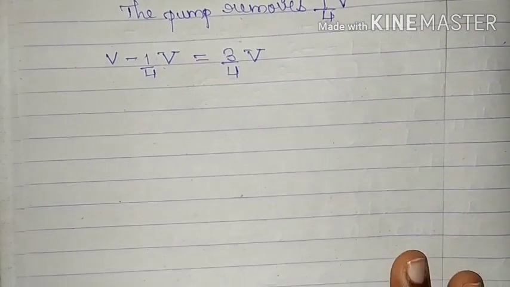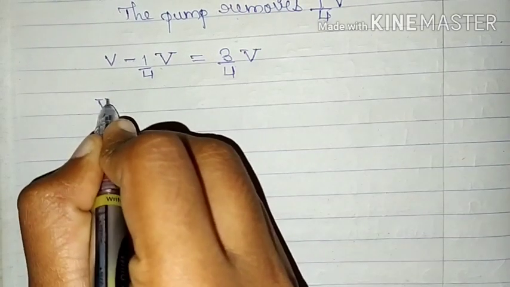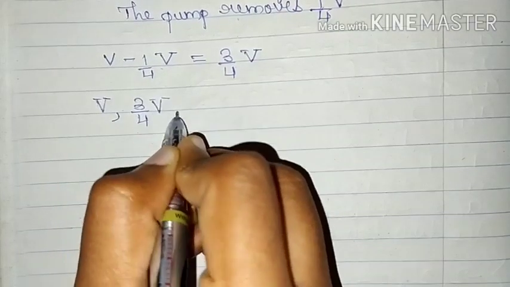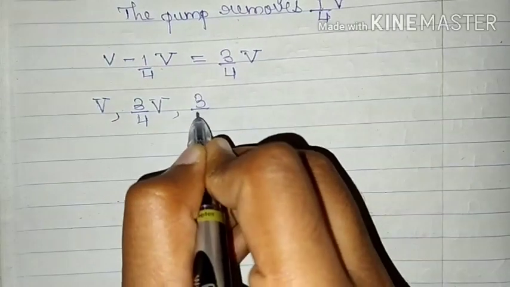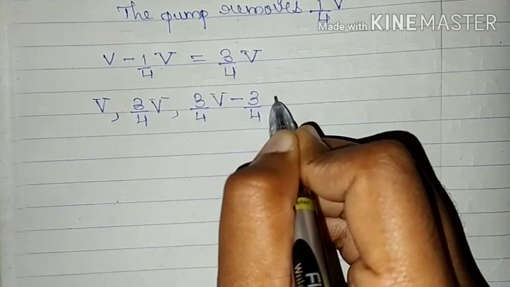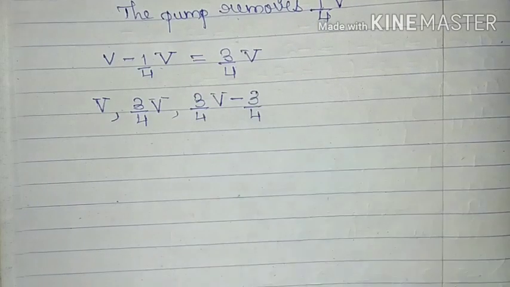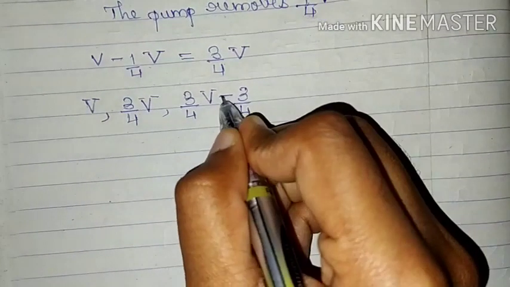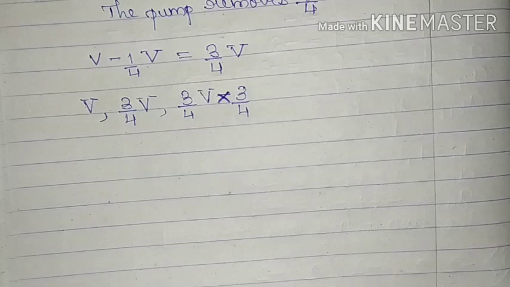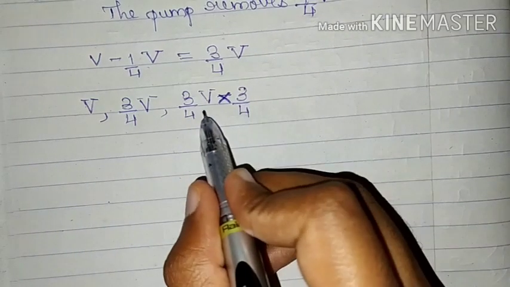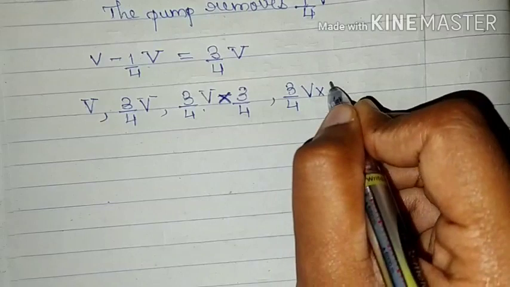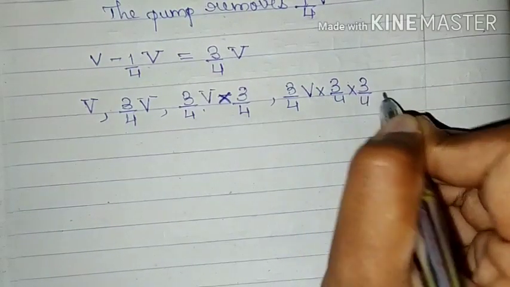That is, if I remove 1/4 every time, whatever is left, 3/4 of it will remain in the cylinder. So if I were to write this series, the first initial will be V, then the next remaining volume will be 3/4 V, then the next one will be 3/4 times 3/4 V, that is 3/4 of the remaining volume, that will be 9/16 V, and the next one will be 3/4 V into 3/4 into 3/4 and so on.